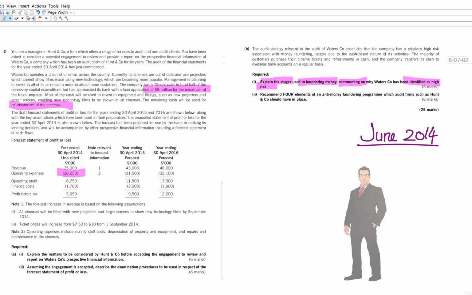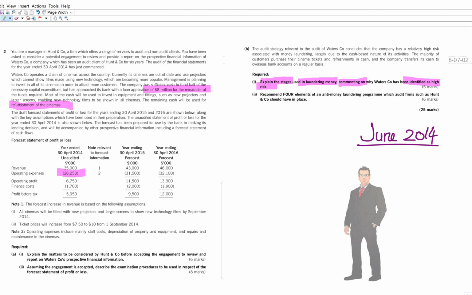Operational information notes 1 and 2 are not relevant for forecast information. Year ending 2015 forecast is 43,000 with 31,500 expenses, and 2016 is 46,000 with 32,100 expenses, giving 11,500 operating profit and 39,000 operating profit.